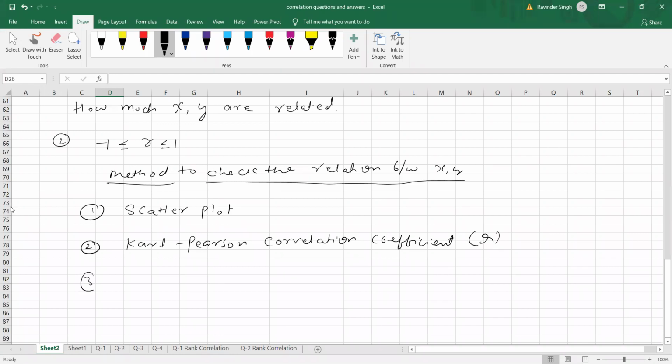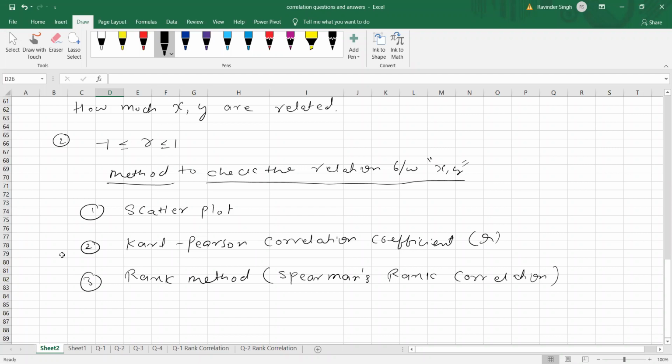The third method is the rank method, which we also call Spearman rank correlation. We have these three methods to check the relationship between the two variables x and y.